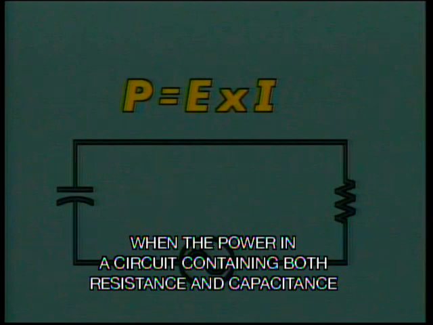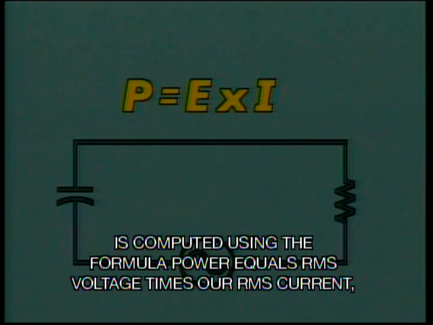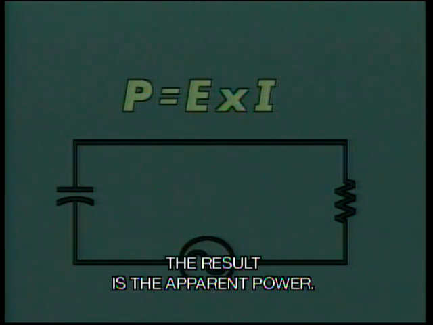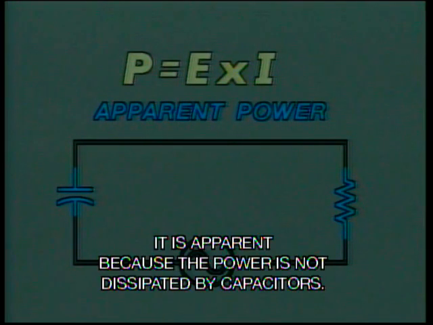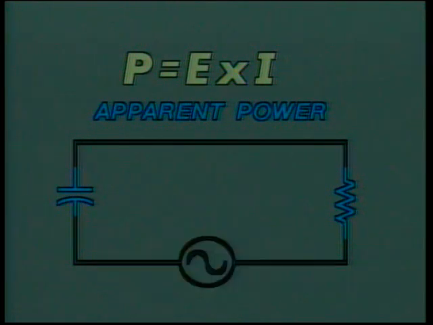When the power in a circuit containing both resistance and capacitance is computed using the formula power equals RMS voltage times RMS current, the result is the apparent power. It is apparent because the power is not dissipated by capacitors.